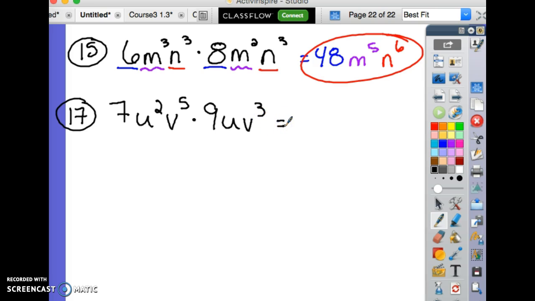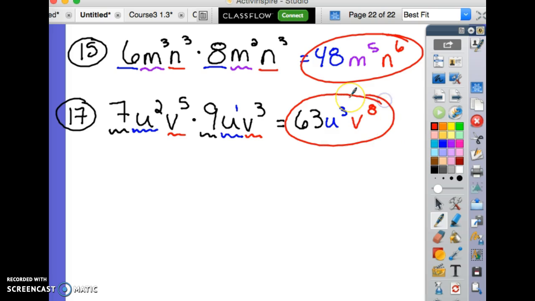Great, work ahead and make sure you get the right answers. 7 times 9 is 63. Looking for like bases, I have this u squared and this u. Remember, there's an imaginary one there. So there's 2 plus 1 gives me u to the third, v to the fifth, and v to the third gives me v to the eighth.